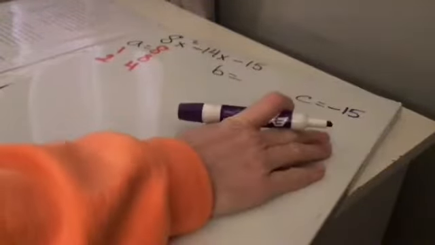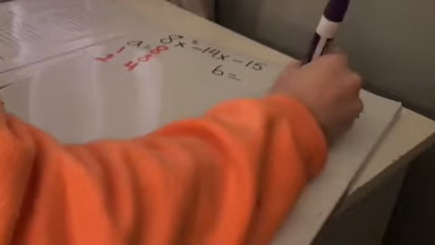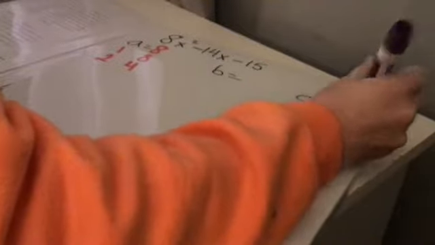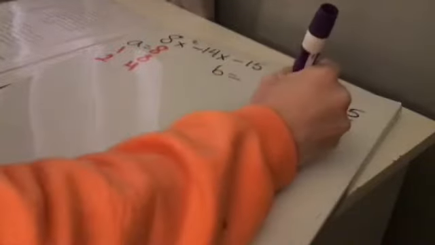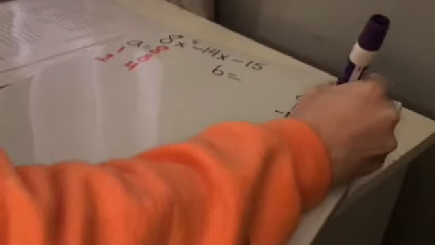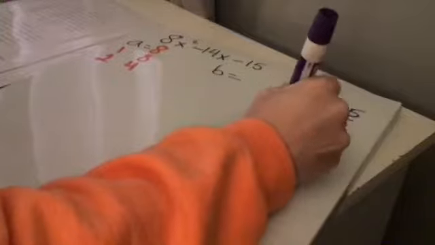And that's all of my factors for A. Then do the same for negative 15. So 1, negative 15, negative 1, positive 15, 3 and negative 5, negative 3, positive 5, and that's it for your factors for negative 15, okay?